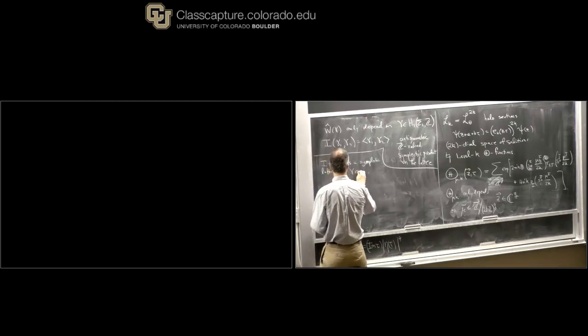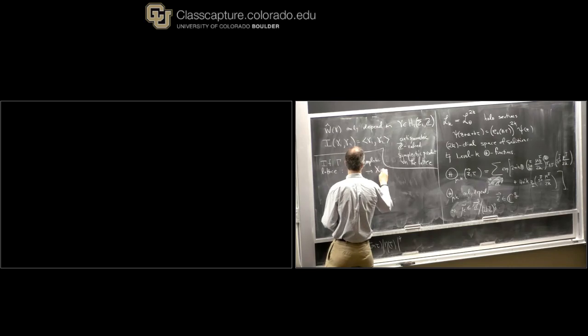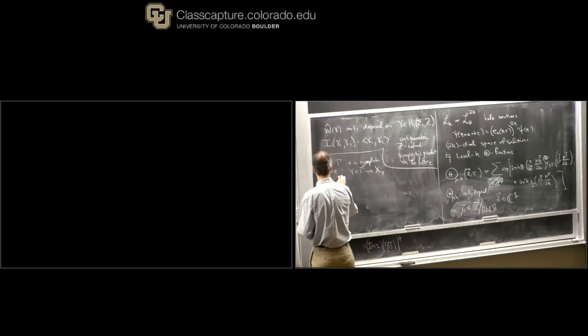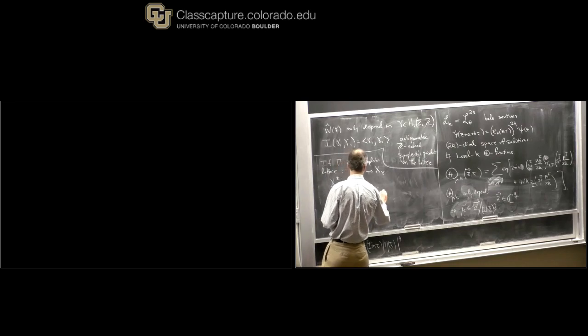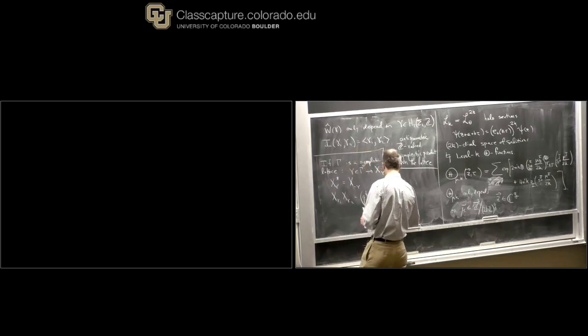For every element gamma in the lattice, we have an operator x gamma. X gamma star is x minus gamma, and x gamma 1 times x gamma 2 is q to the 1/2 times the inner product of gamma 1, gamma 2, times x gamma 1 plus gamma 2.